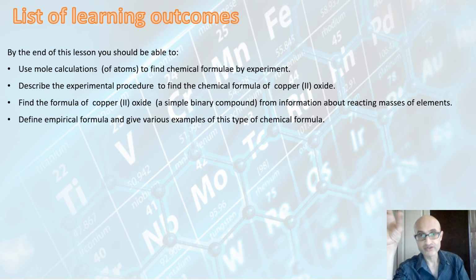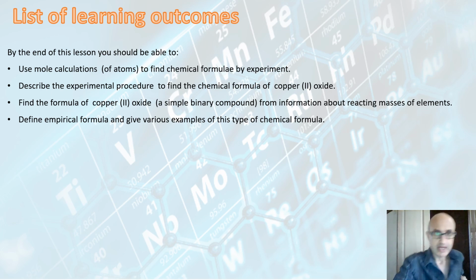The demonstrator is performing the reduction of copper 2 oxide in a school which is associated with the Royal Society of Chemistry. I believe it is Warwick School. Good. But I will go into further detail about that video demonstration just one slide before I am ready to show it.